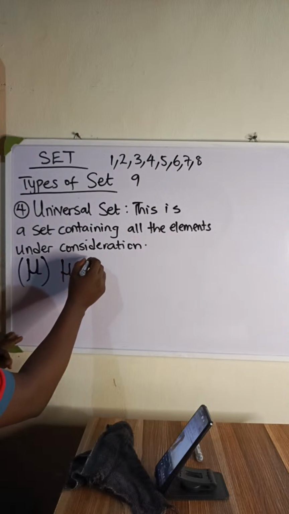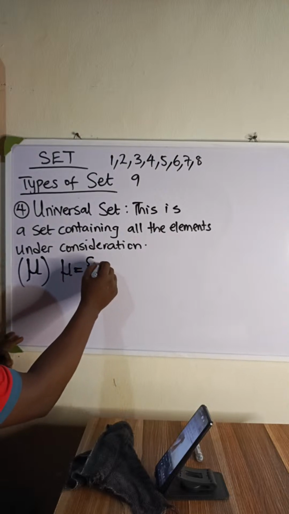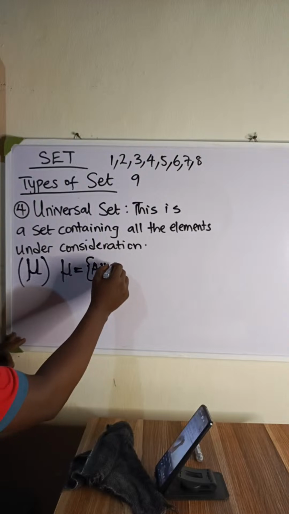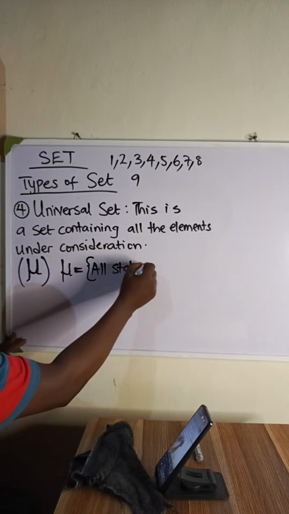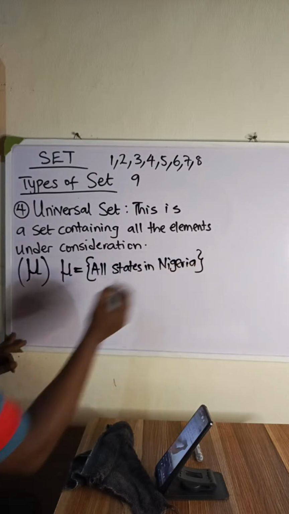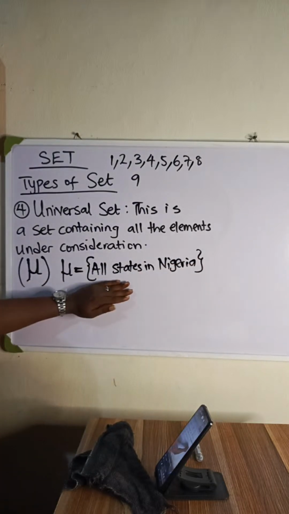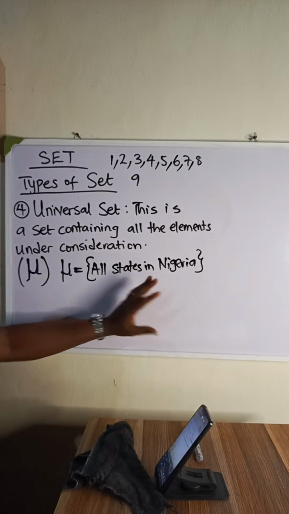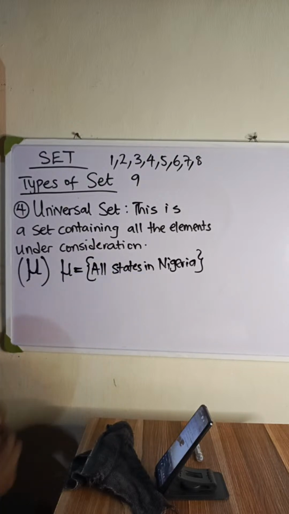So the universal set can be all the states. But under this universal set, which is all the states in Nigeria, you can have subsets.